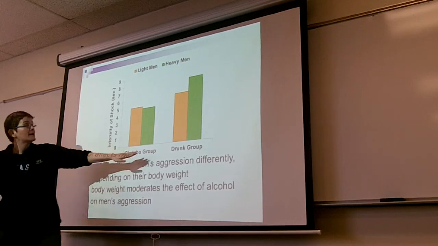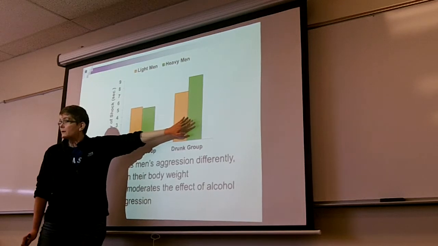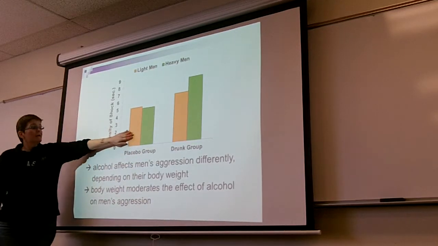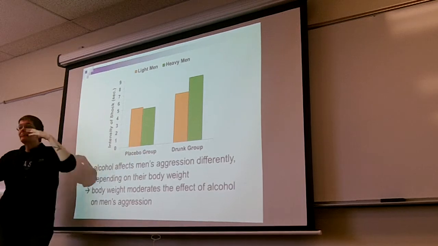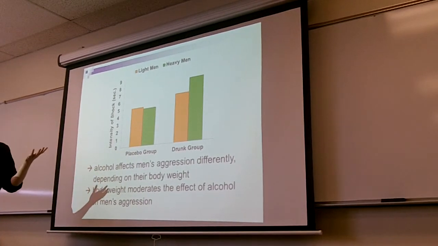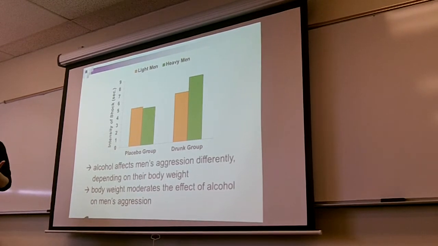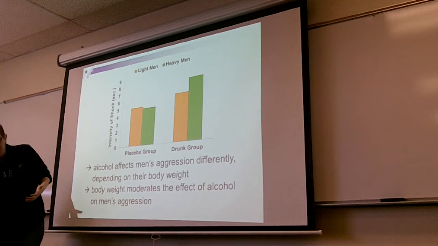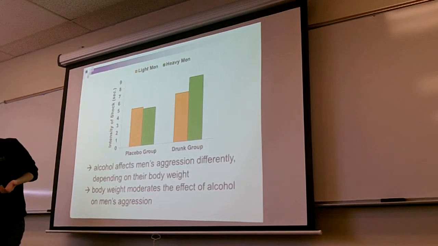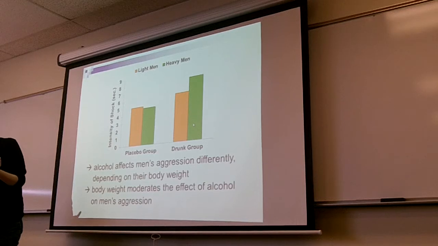Still, it's also true that when they're drinking, everybody's more aggressive than when they're sober, even if they think that they've been drinking. So it's not just thinking that you're drinking that matters. You actually have to have the alcohol in your system to get this effect. So this is something we could only see if we looked at 2 IVs at the same time. It wouldn't show up with 1 IV.